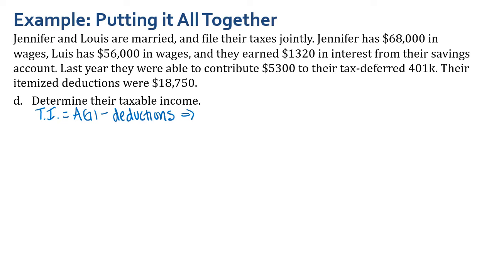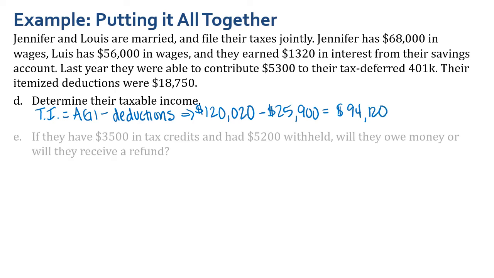We found earlier the adjusted gross income was $120,020. They're going to take the standard deduction because that was more, so $25,900, and they're left with $94,120 for taxable income.